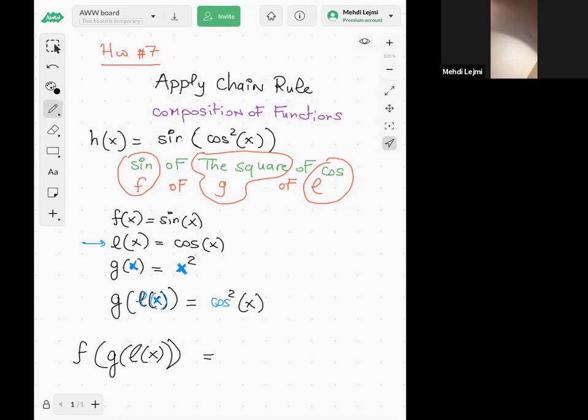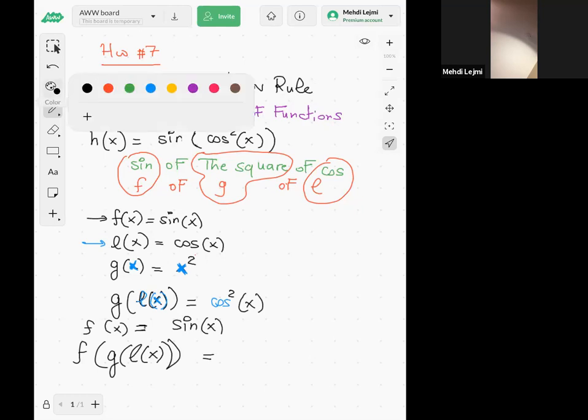Now f of x is sine of x. For f of g of L of x, we substitute the x in f of x by g of L of x.